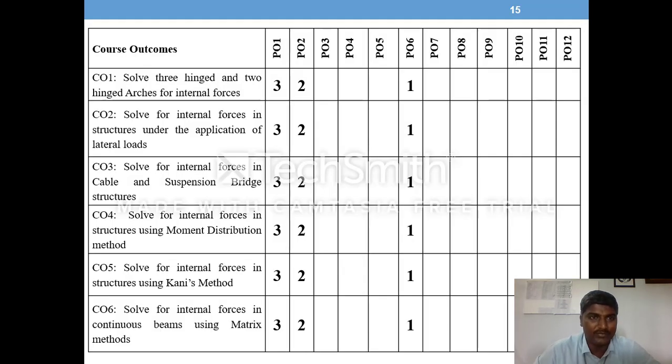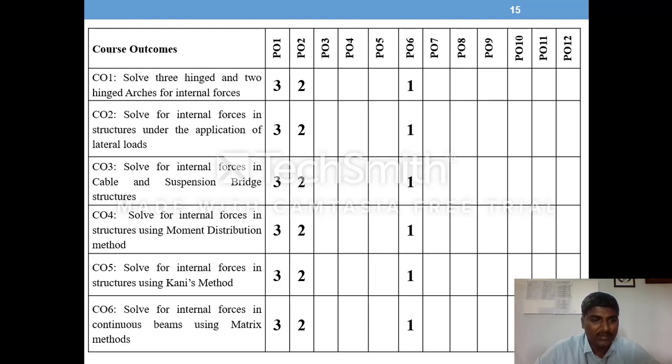After completion of a particular course, he is going to gain something which is related to a PO, that we will see now. So for example, coming to the course structural analysis 2, he is able to do all these six outcomes for the course that he is taking up in third year first semester.